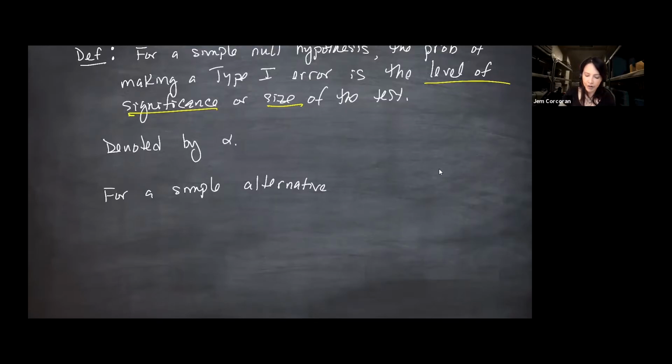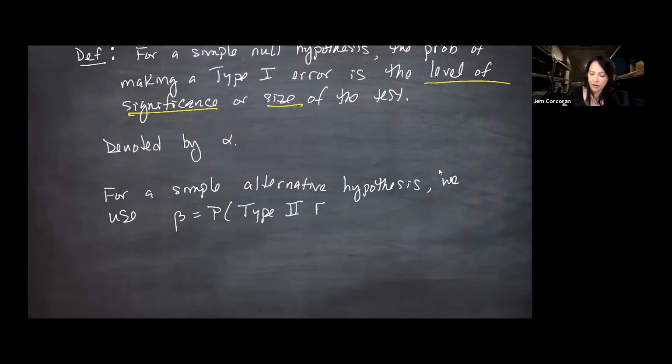But for a simple alternate hypothesis, we use a beta to denote the probability of a type 2 error. And then as a quick definition, 1 minus beta is known as the power of the test.